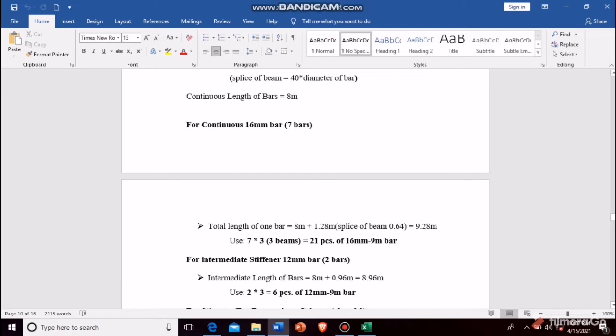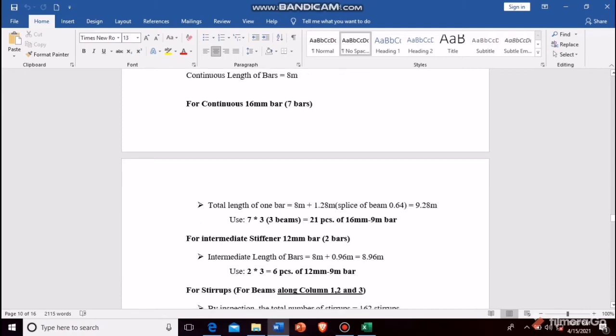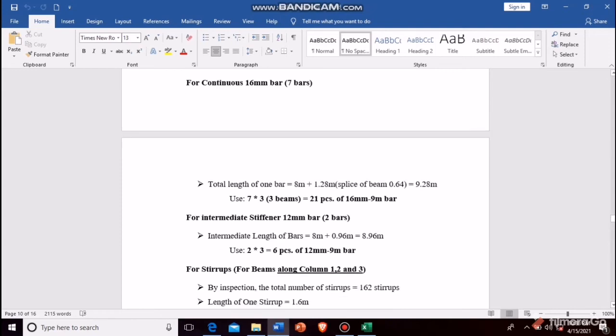So use 7 times 3 beams equals 21 pieces of 16mm 9 meter bar. For intermediate stiffener, 12mm bar, 2 bars, and use 2 times 3 equals 6 pieces of 12mm 9 meter bar.